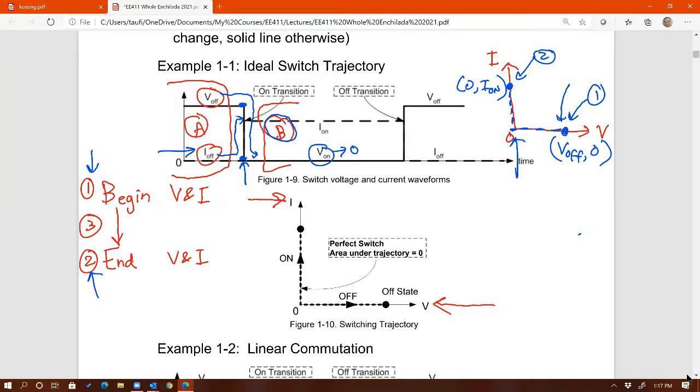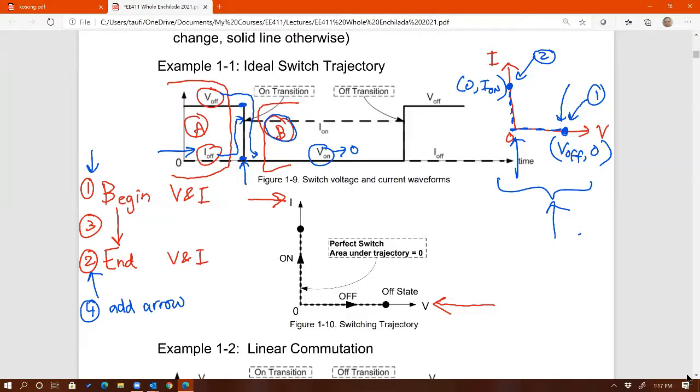Any questions so far? The last thing that I forgot to add here is number 4. Add an arrow to indicate the direction of the trajectory, right? So if you look at this trajectory right here, where should the direction go?